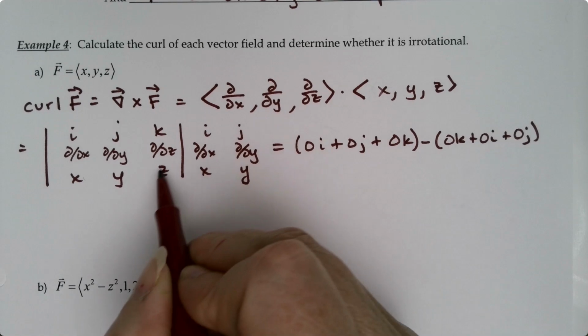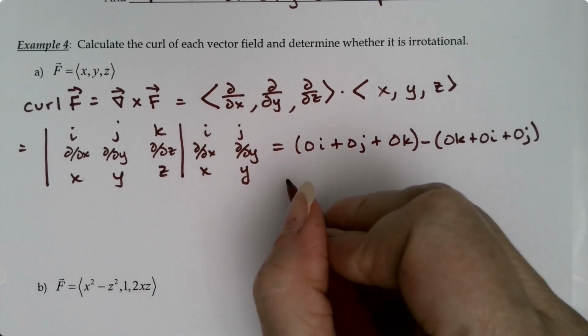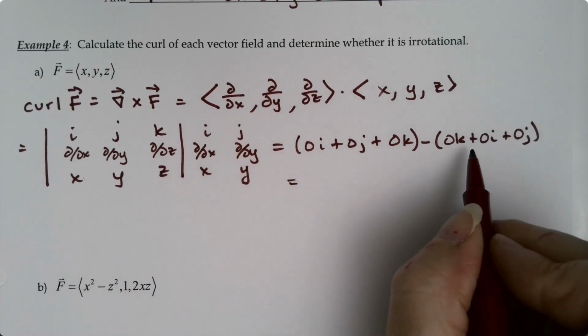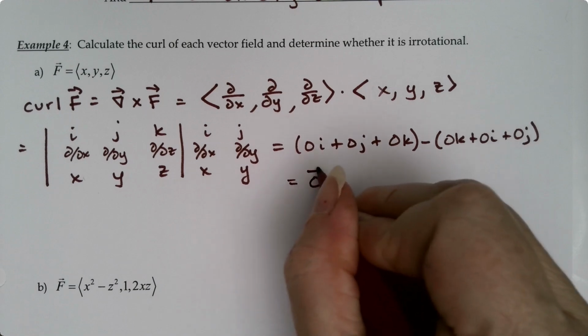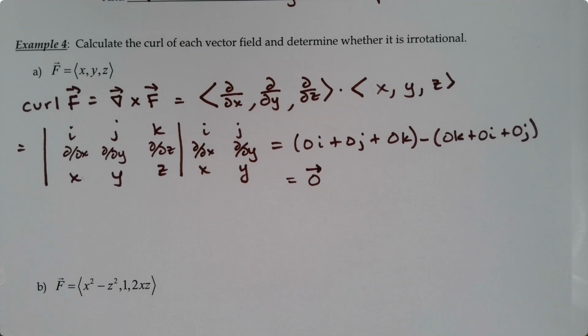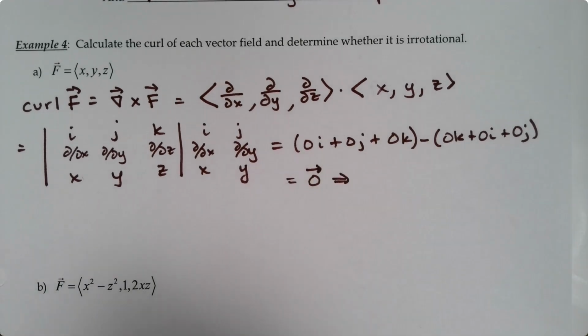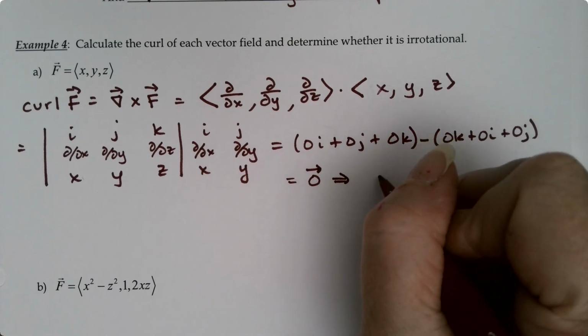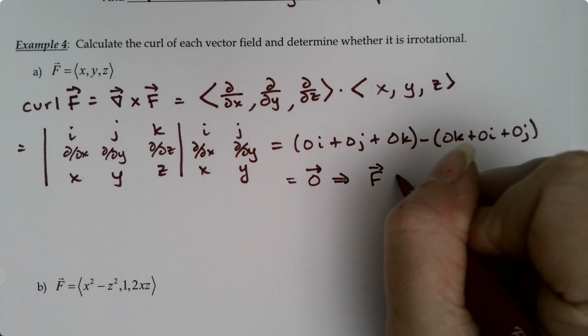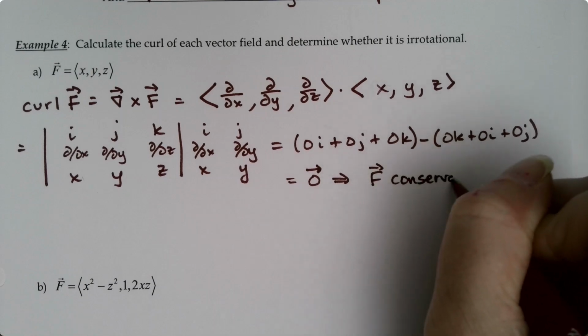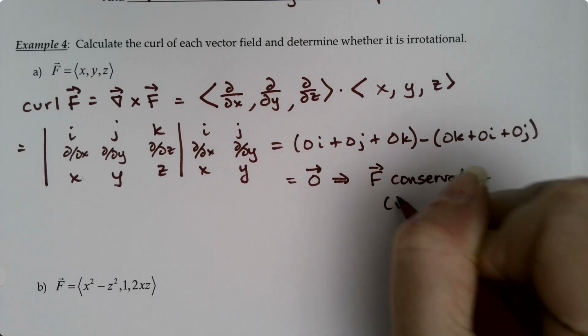The derivative with respect to x of z is 0. So the whole thing is not 0, it's a vector. It's the 0 vector. But nevertheless, if the curl is the 0 vector, then that means that f is conservative. Or if you like, you can say irrotational.